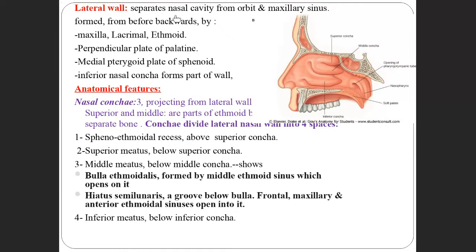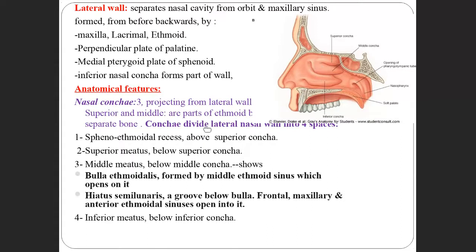All these structures form the lateral wall. As I already mentioned, always remember these three conchae and three meatus. Here we have the sphenoethmoidal recess above the superior concha, and the superior meatus below the superior concha.